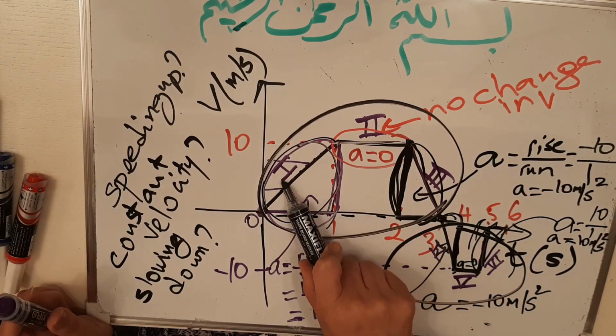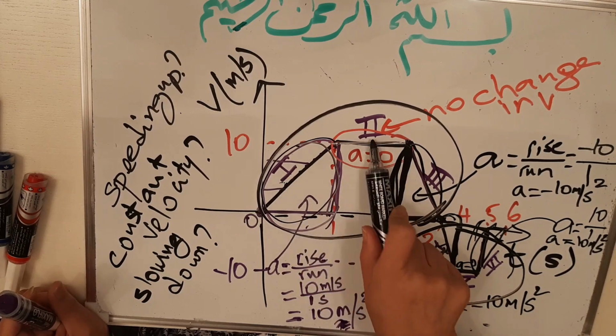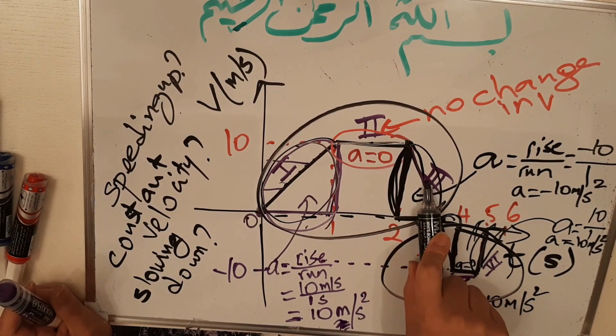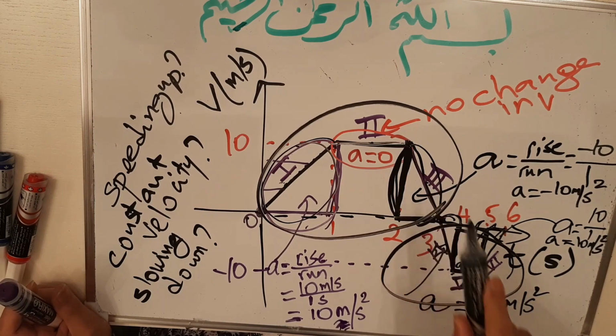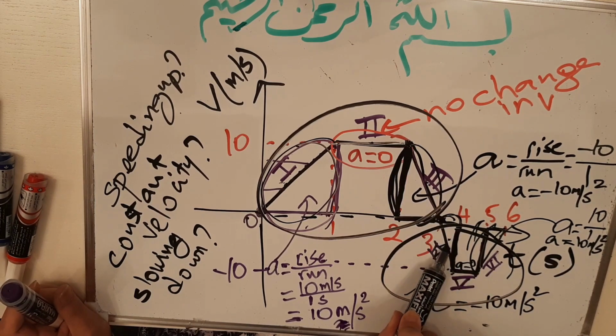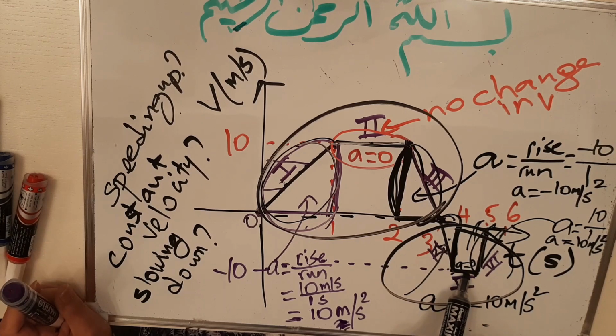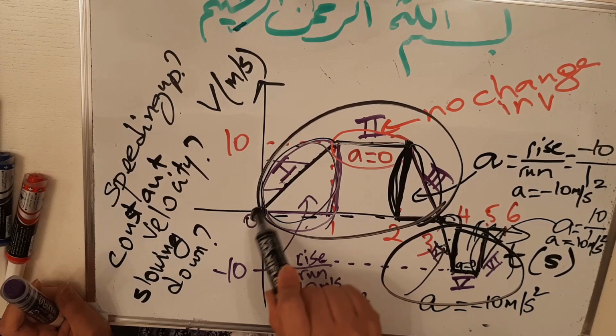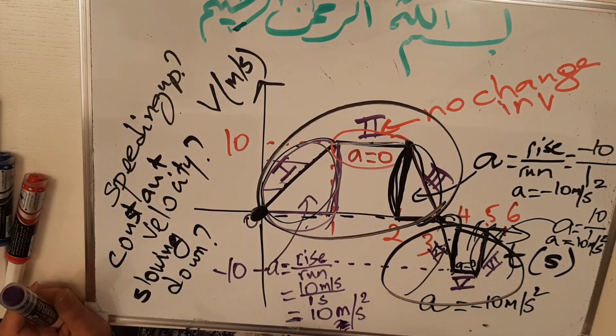Here you're speeding up in the positive direction, constant velocity in the positive direction, slowing down in the positive direction, speeding up in the negative direction, constant velocity in the negative direction, and then slowing down again in the negative direction. So whenever your velocity, this is the 0, whenever it's going away from 0, it means that you're speeding up.